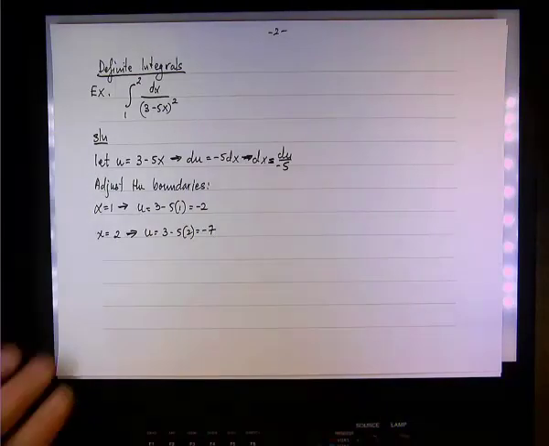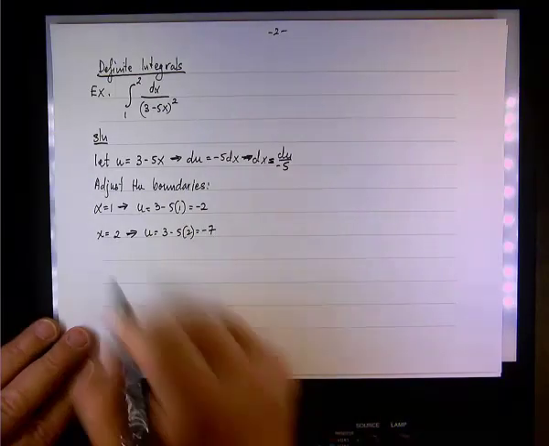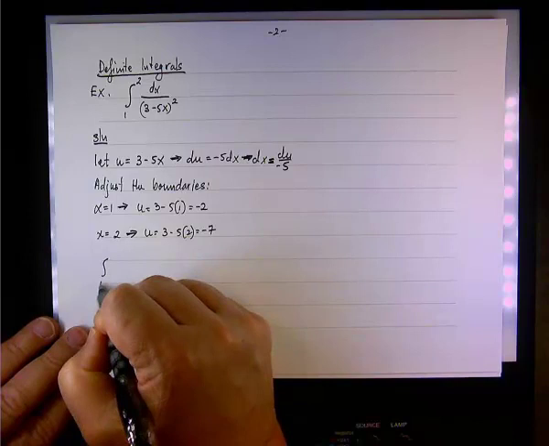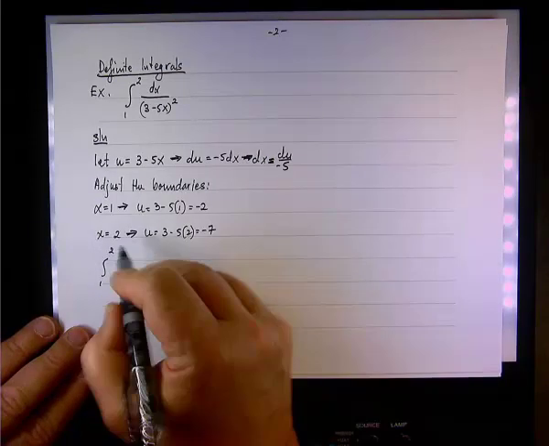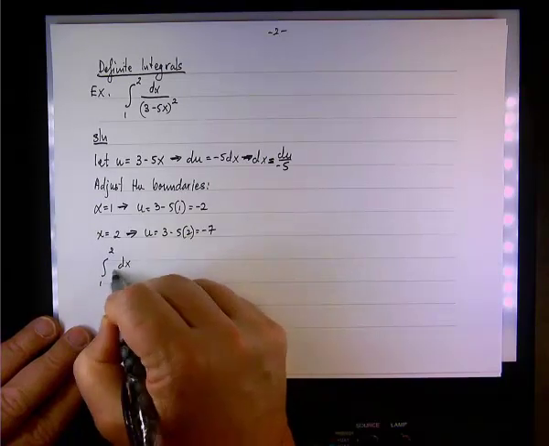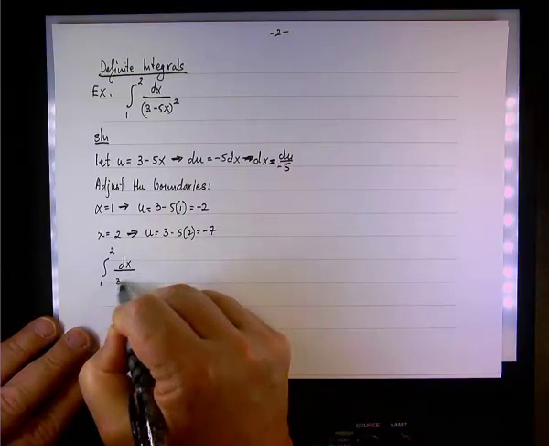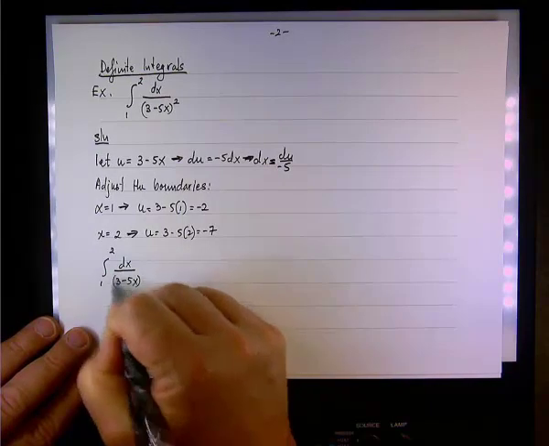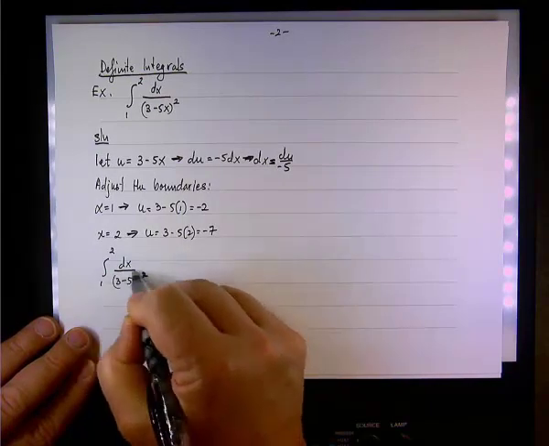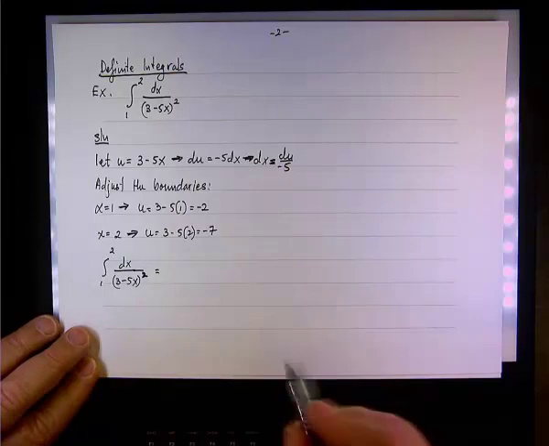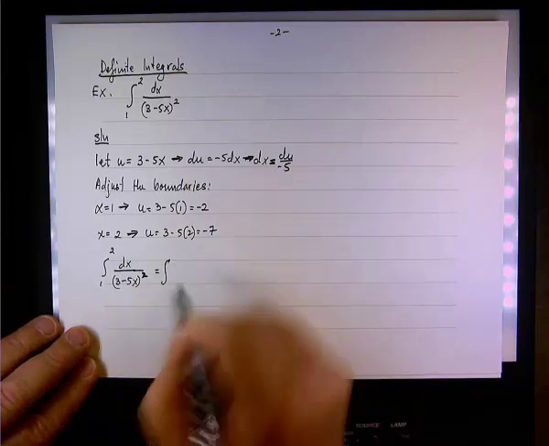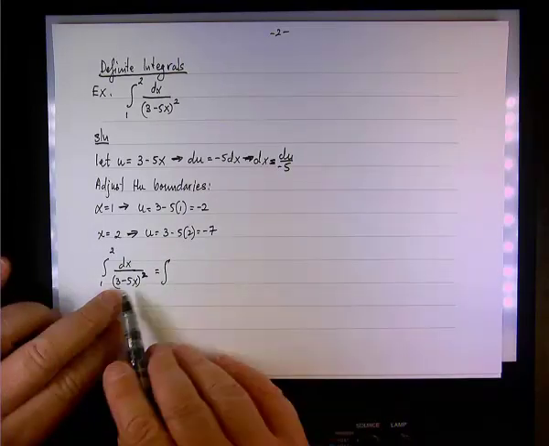Okay? So here is something that you may find a little bit unusual, but there is nothing unusual about it in reality. This is the original integral. With the substitution, we first substitute the integrand.